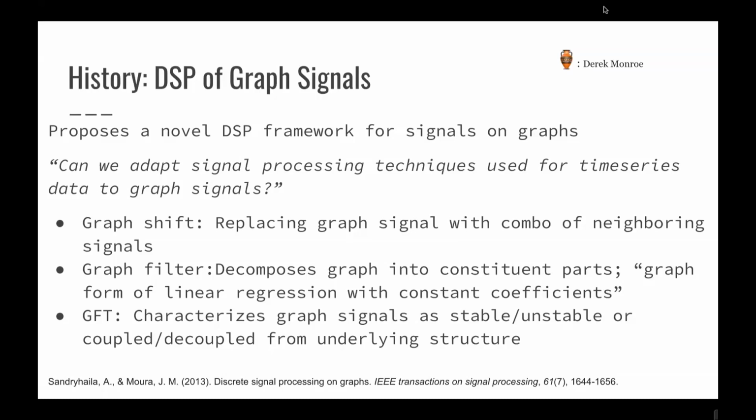It really spoke to me, comparing it to a linear regression with constant coefficients. And then in taking that filter and applying the Fourier transform to the signals, we're able to characterize whether those signals are stable or unstable, or whether they are, in our terms, coupled or decoupled from that underlying graph structure. So I felt like this was an important and well-cited paper that led to the current review.